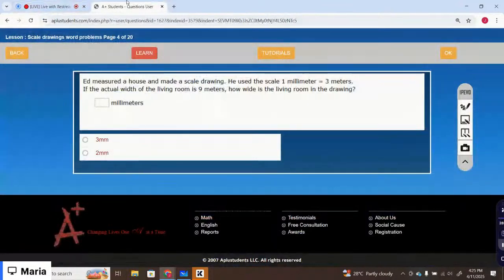It measured a house and made a scale drawing. They used the scale 1 millimeter equals 3 meters. If the actual width of the living room is 9 meters, how wide is the living room in the drawing?